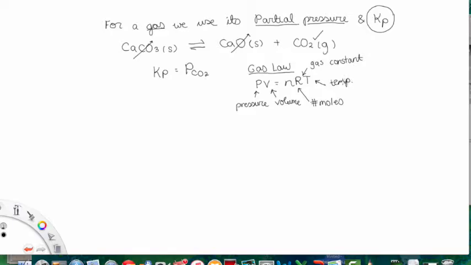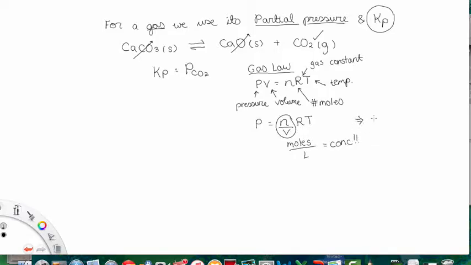I'm not going to get into too much detail about this right now, but we can rearrange this to become P equals n over V RT. This part, n over V, is moles per volume, such as liters, so it is equal to concentration.